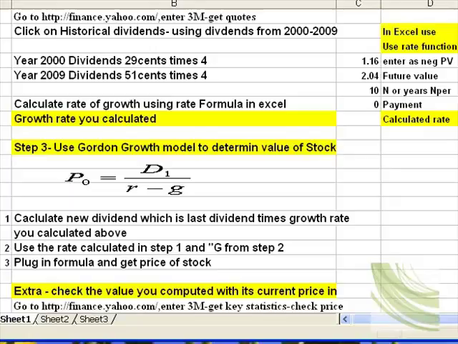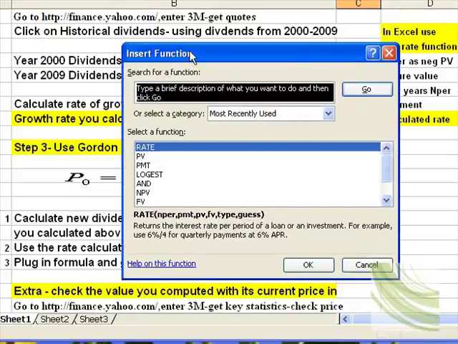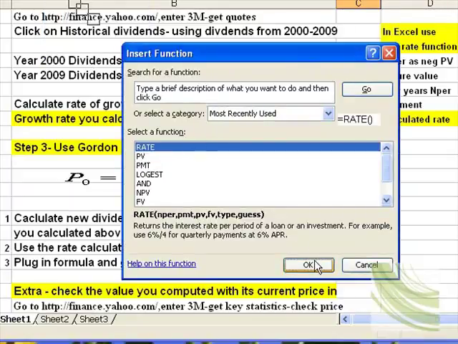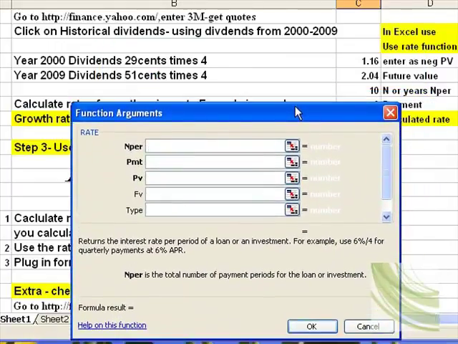So click on the cell here, and then you go to your formulas, click on the formula bar, you can see that. Okay, I'll click on more functions. So click on the rate and say OK. So this is where you're going to enter your rate. Your number of periods is 10.